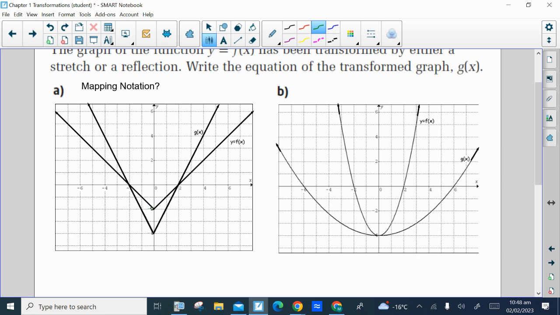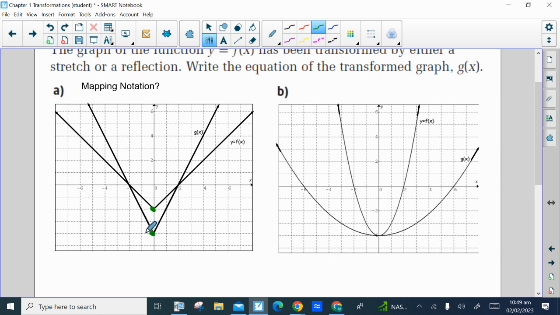So it's been vertically stretched, and to find out what that stretch factor is, we can compare the cusp points. So there's the cusp of g at x. Down here is the cusp of f at x. Sorry, I said that backwards. The top one is f, the bottom one is g. We're going from f to g. So here you have a y value of -2. It becomes a y value of -4.